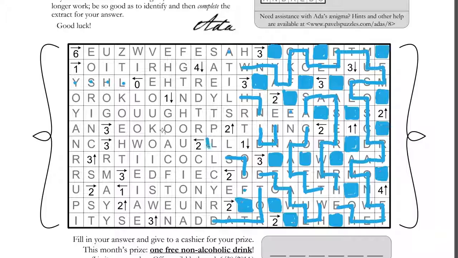That's definitely not a square, because that would make that impossible to get to. That's a line. That could be a square. Yep.